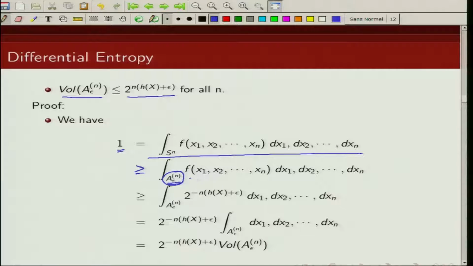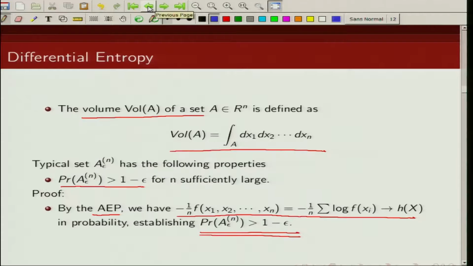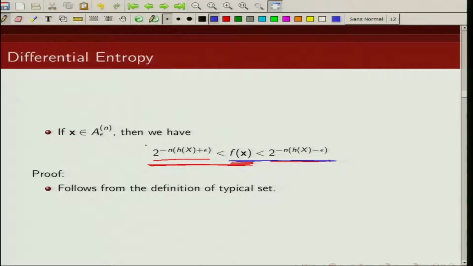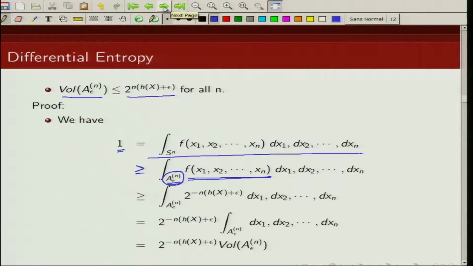Now we know that this density function is lower bounded by this. So if we plug in this lower bound on f(x1, x2, ..., xn) here, what we get is this, and that is why we are writing it as greater than or equal to.